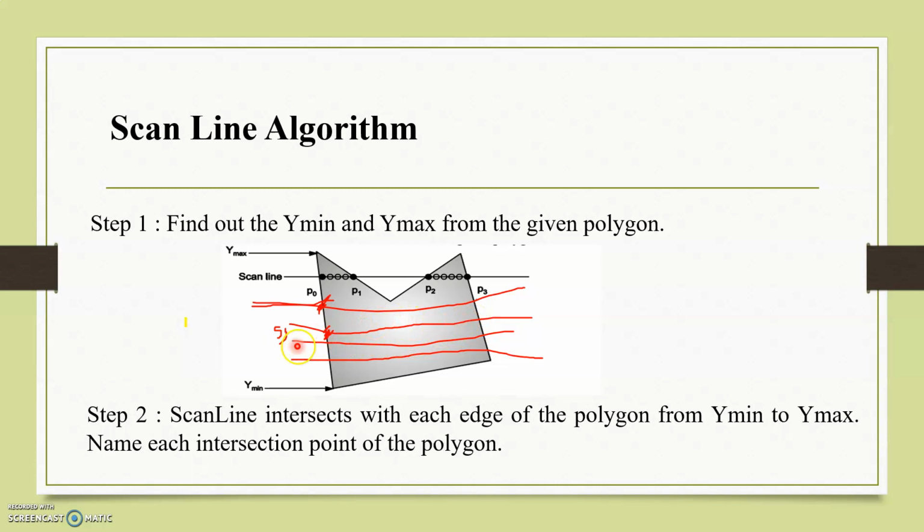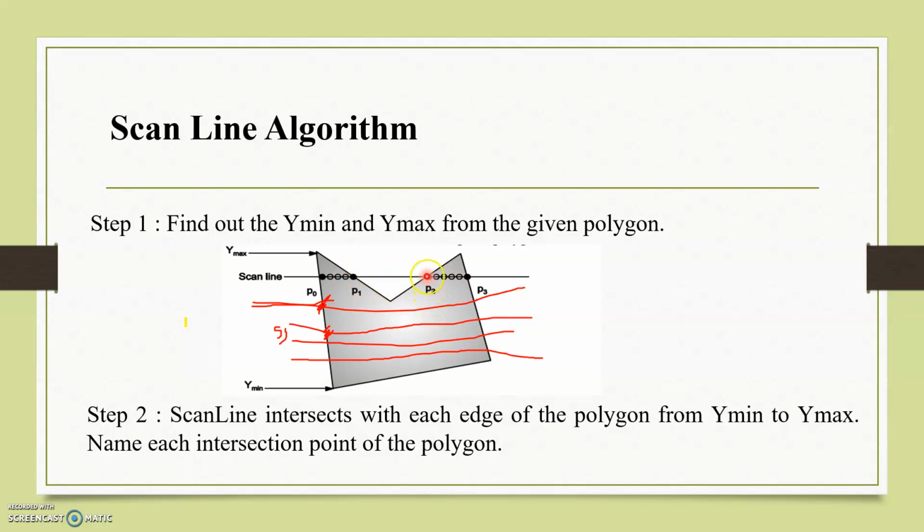In this way you can consider the number of scanlines that pass through the polygon and fill them. In this example, this is your scanline. Here, if I draw this scanline, the intersection points are P0 and P1. You make the pair P0, P1. Then there is nothing between them, so it will be blank.